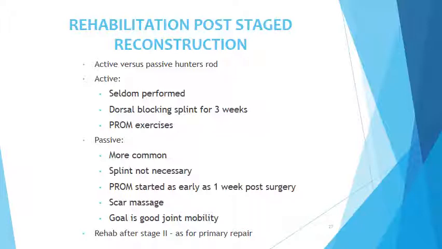So always advise them in this regard. A passive hunter's rod is connected only to one end of the finger. It's more common, splint is not necessary, and passive ROM is started as early as 1 week after the surgery.